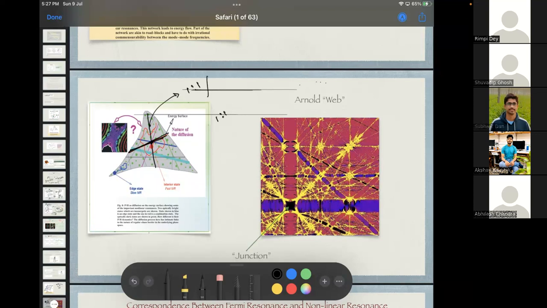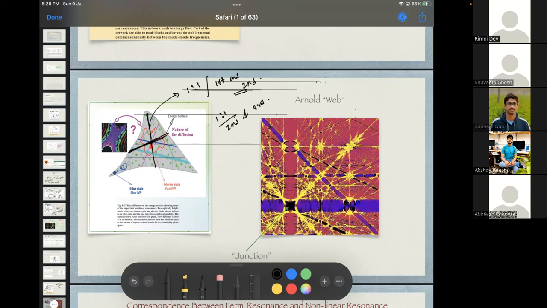So this corresponds to the first and second, and this is second and third. That means at this junction, the energy transfer channel can vary, right? Because let's say energy transfer was first happening along this resonance region, 1:1 between the first and second oscillators, and here energy transfer was happening between the second and third oscillators.